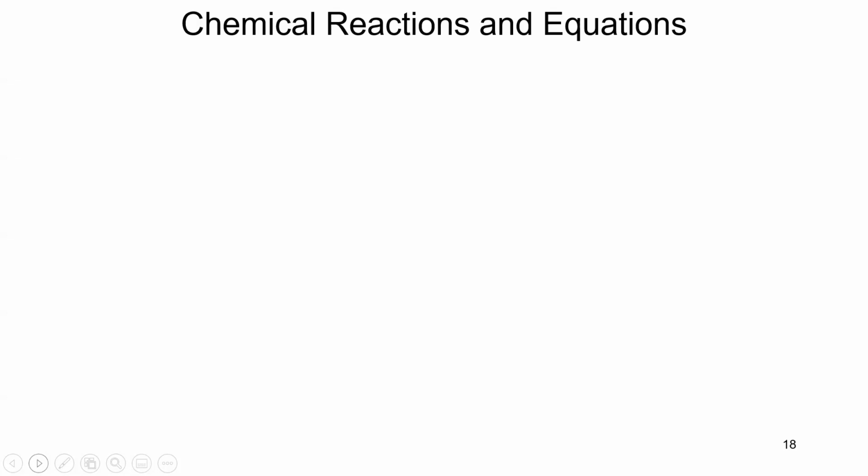All right, so the next thing we're going to do is talk about chemical reactions. Again, I keep saying that as we get further into chapter 3, we're really getting into the good stuff, the meat of chemistry.